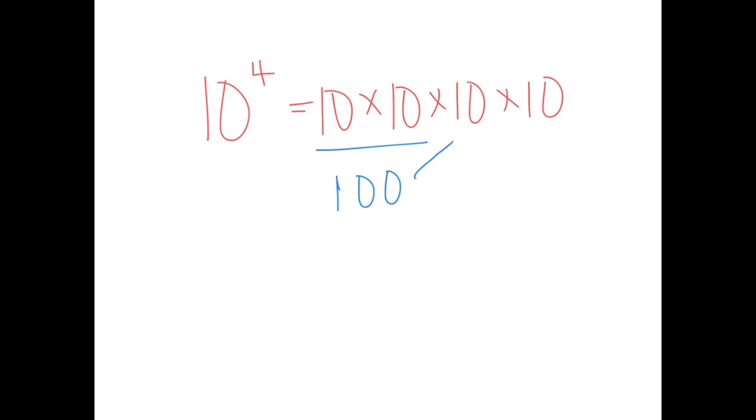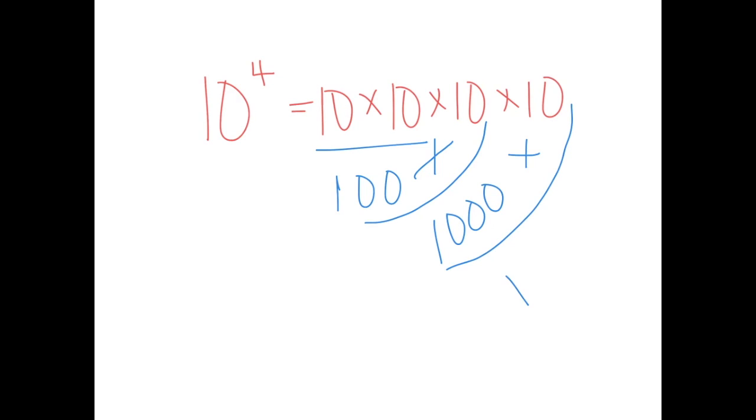Then I've got 100 times 10, which would give me 1,000. Then I've got 1,000 times 10, which would give me 10,000. So I just figured out that 10 to the fourth power is equal to 10,000.